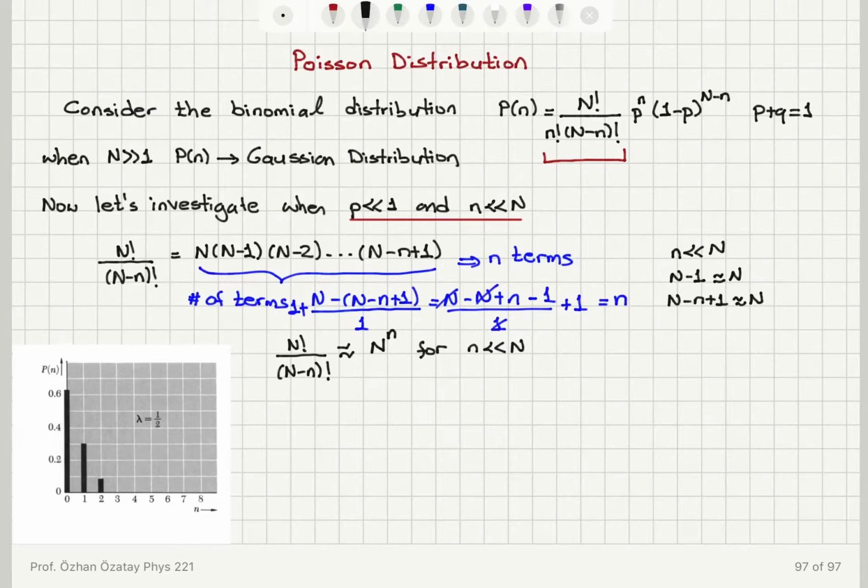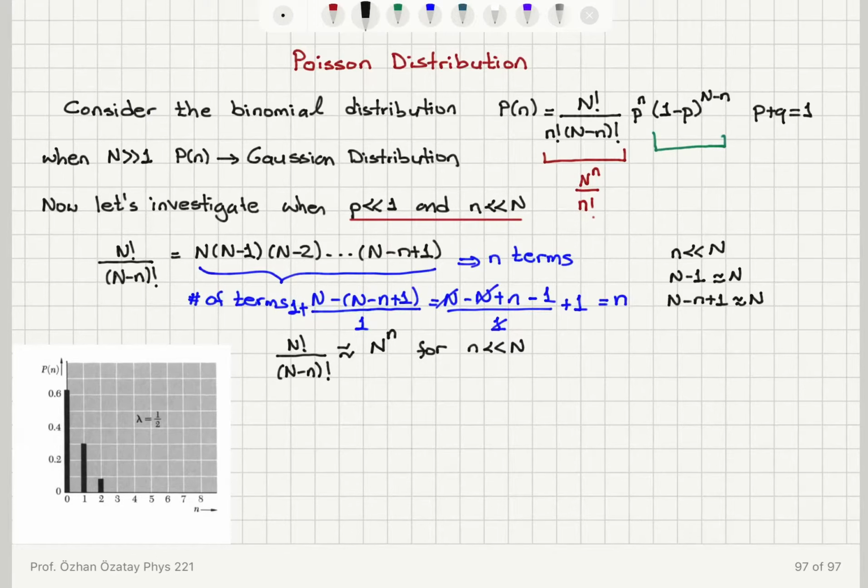And now basically this is going to tell me that I can replace this term with capital N to the power n divided by n factorial. Now I want to concentrate on this term, 1 minus p to the power capital N minus n.